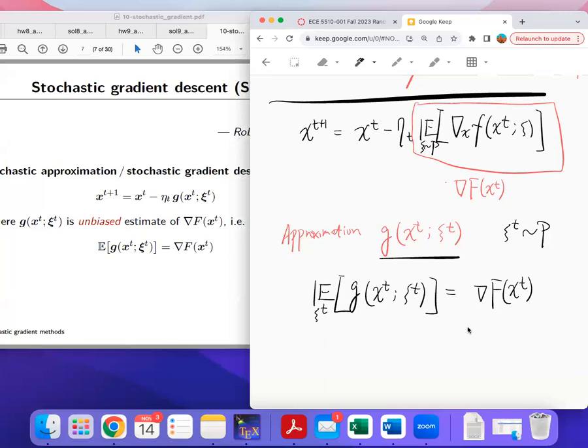So you see, this is different from setting g to be the gradient of capital F. Here we want the expectation to be the gradient of capital F. Every realization of g can still be very different from capital F, but on average, or in expectation, they are equal.